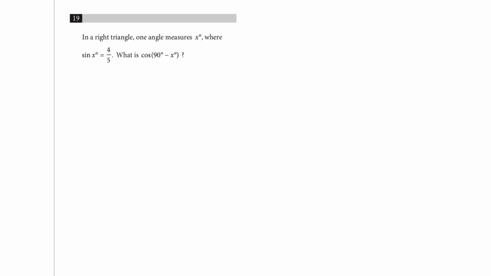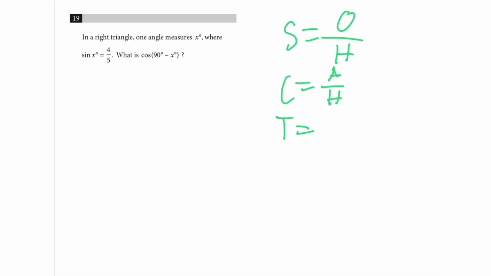Feel free to skip this part if you know your sines and cosines, but if that last question didn't make any sense and you're not familiar with what sines and cosines are, this is for you. So basically, sines and cosines are just a little formula you got to remember for each of them. Sine is opposite over hypotenuse, cosine is adjacent over hypotenuse, and tangent is opposite over adjacent.